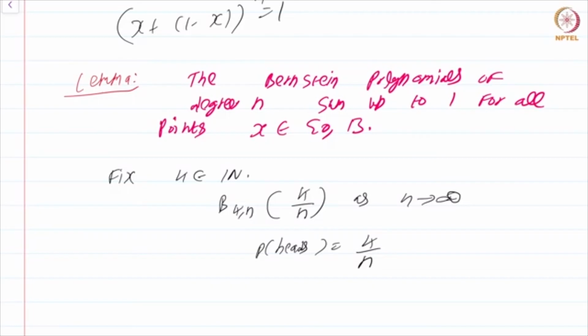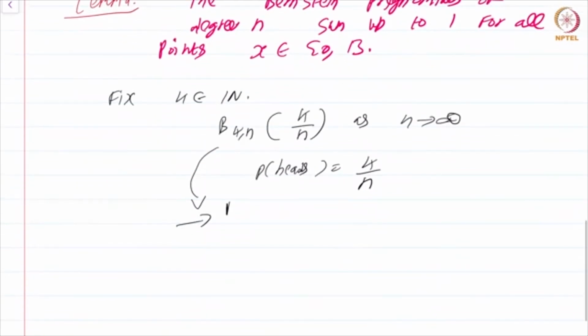Now, if you think about it for a few minutes, you will expect this to converge to 1. Why would you expect this? Well, what is b_{k,n}(k/n)? It is nothing but the probability that in n tosses you get k heads when you toss a coin whose probability of getting heads is k/n.